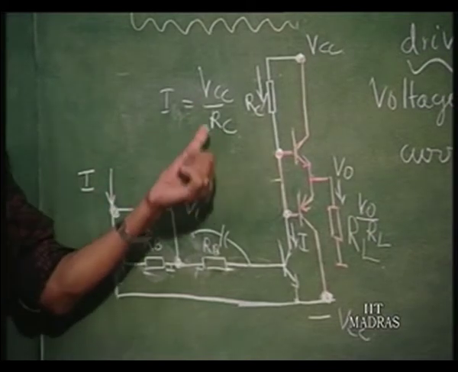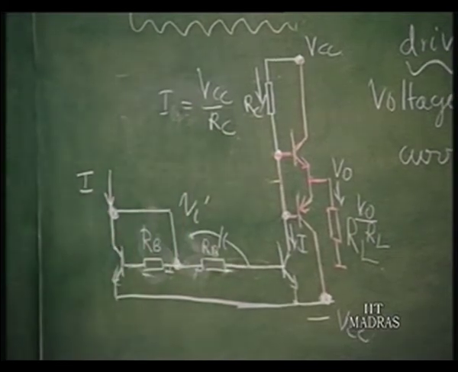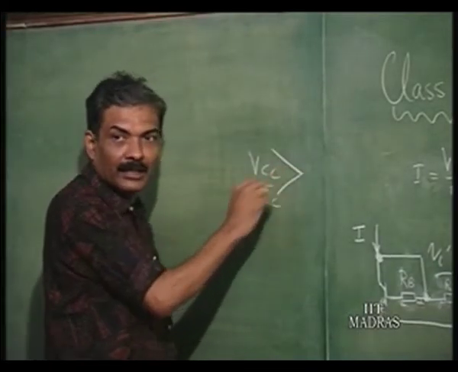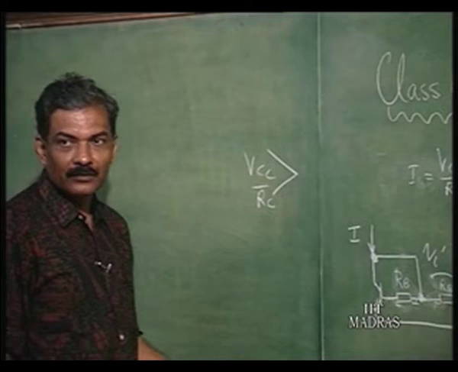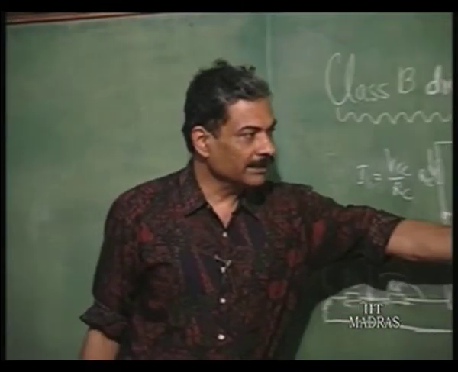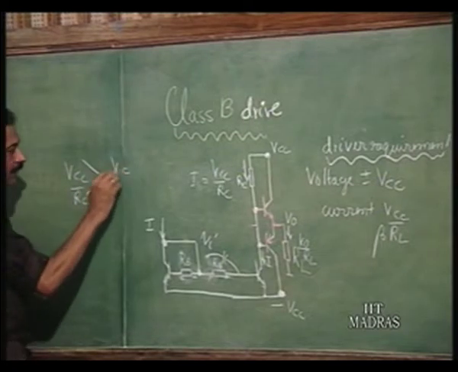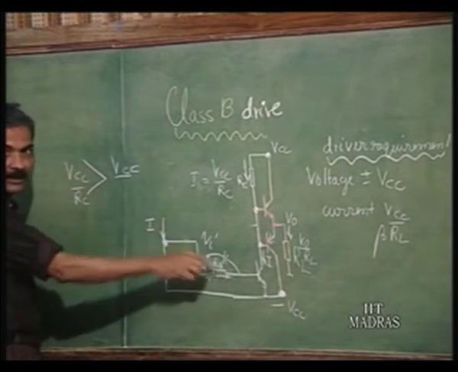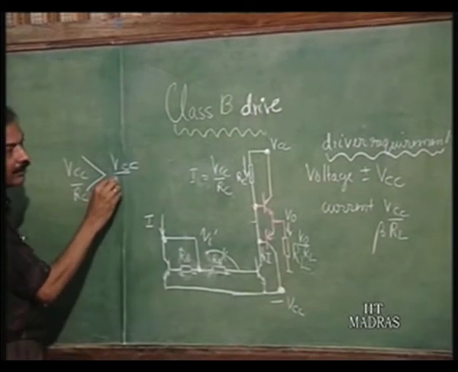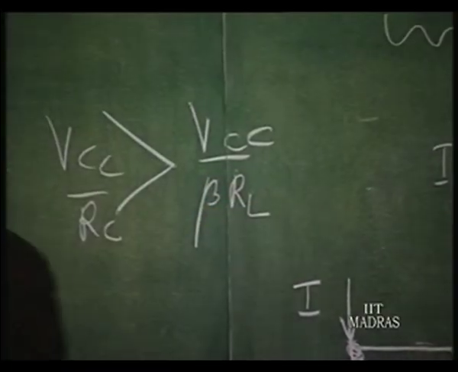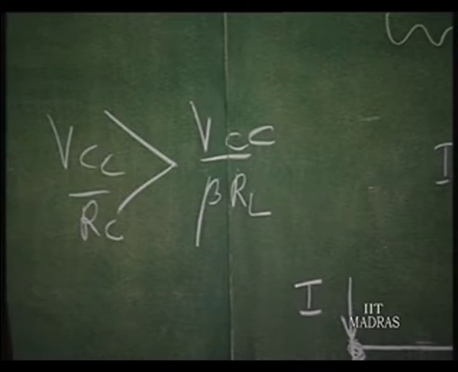And this current Vcc by Rc should be greater than what? Vcc divided by beta RL. This is a class A operation, this is operating in class A. So, the quiescent current should be greater than the maximum current swing that is required of it.